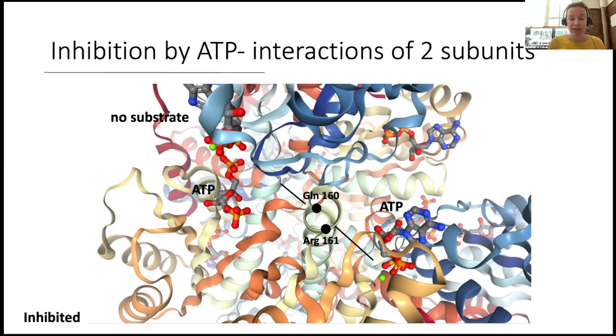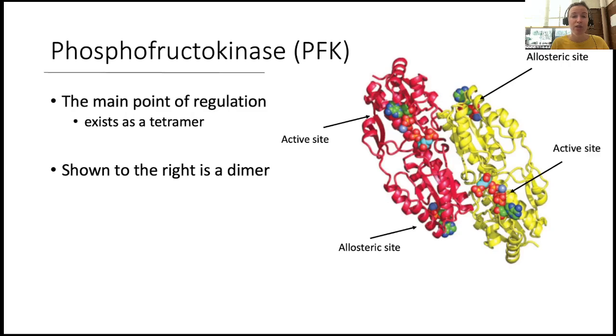I want to remind us, folks, that the interaction between one active site and one allosteric site is happening between two different monomers. Let's look back at this slide real quick. Whenever I was drawing the active site and allosteric site in my cartoons, understand that the active site was in one monomer and the allosteric site I was drawing was from a different monomer, okay?